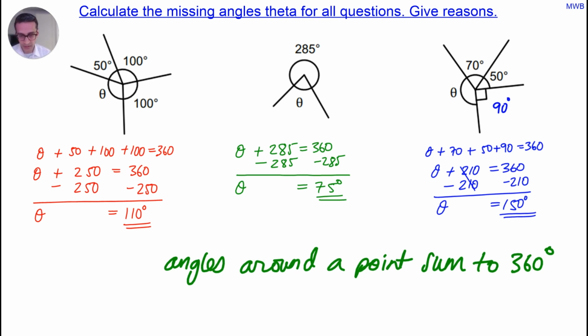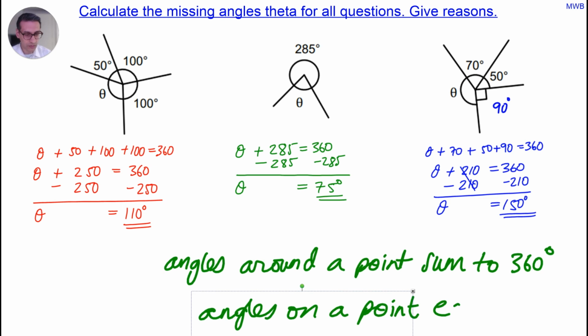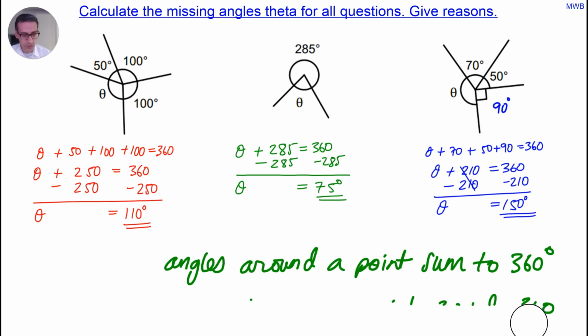Now, do not write angles on a point equal 360. That doesn't make sense. We have to write sum, or they add up to 360. They don't just equal 360. So make sure you're very specific with your language. It has to be this exact phrase that you want to use to get marks in assessments.